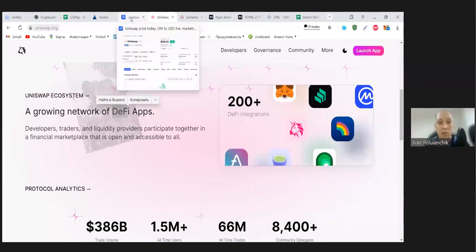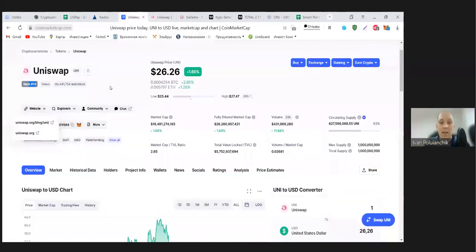Maybe tomorrow another decentralized exchange will come up with new technologies and new solutions for clients, and all the clients of Uniswap will go to that new exchange. Can it happen? Yes, it can. Therefore, please be very careful and plan it properly.